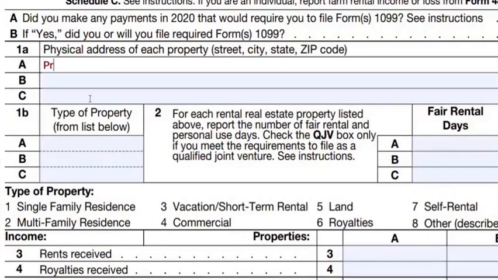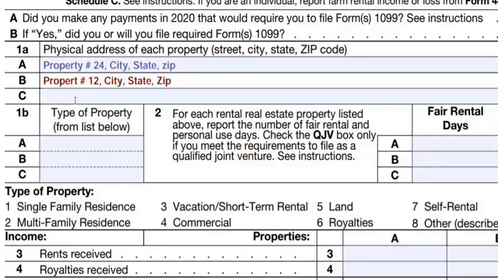It could be like property number 24, then city, state, and zip code. Now property number 2, let's say 12, and city, state, and zip. This is how the address is going to be.